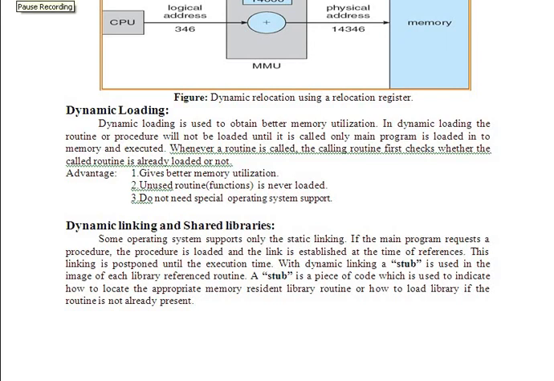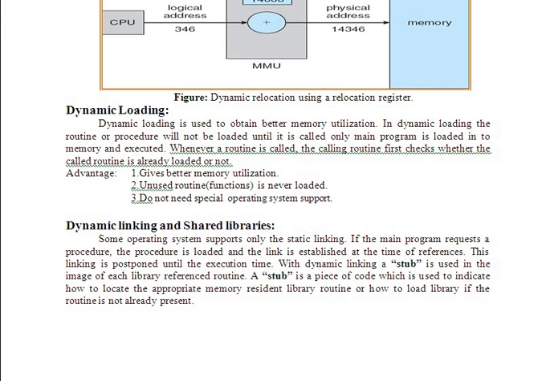Now dynamic linking and shared libraries. As I said, only the main program is loaded during dynamic loading and routines are loaded as and when demand comes. Even within a routine there may be conditions: if this happens go to that, if this happens go to this. We don't want to load all the routines.